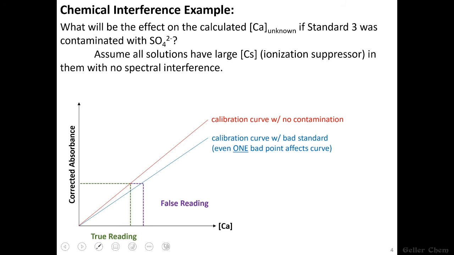If I said that there is contamination in both the unknown and the third standard, we wouldn't be able to predict what would happen because we would know this would go down and we would know the curve goes down, but no indication of which one goes down more, or do they go down by the same amount. Okay, so all these different scenarios can happen, and you just need to be able to evaluate each one, which is why it's important to understand the concepts, the 3 questions that we ask ourselves, and go from there.